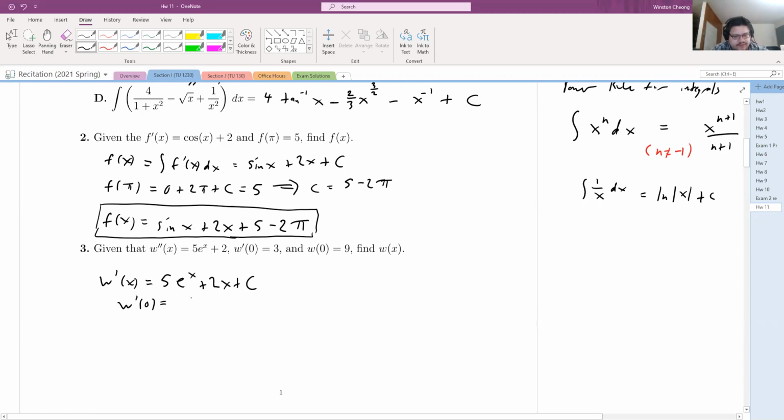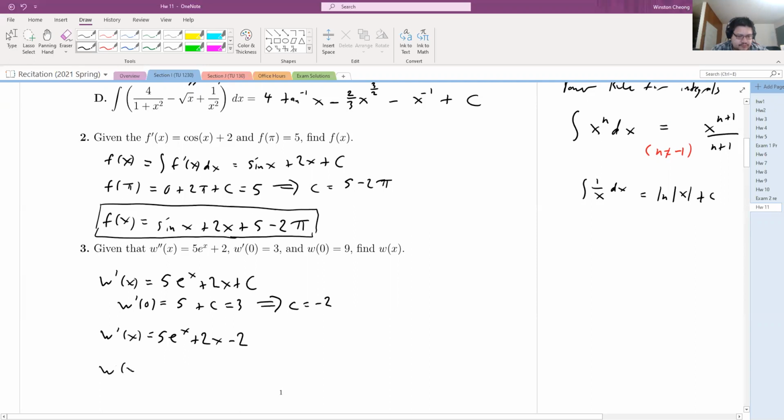When we plug in 0 into this function, we get 5 plus c, and that's supposed to equal 3. So we get that c is equal to -2. Okay. So now w prime is 5e to the x plus 2x minus 2.